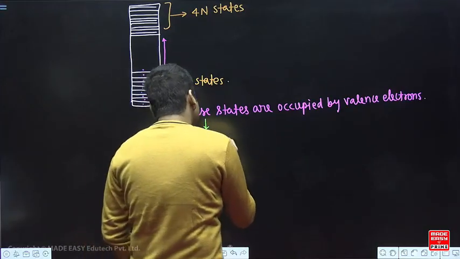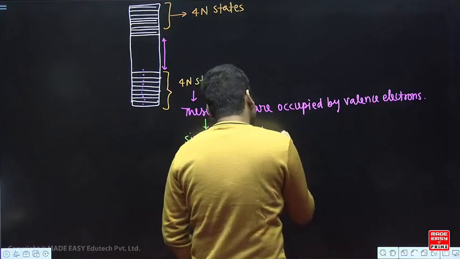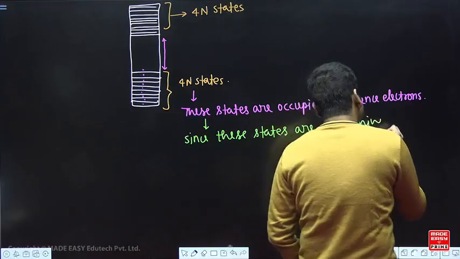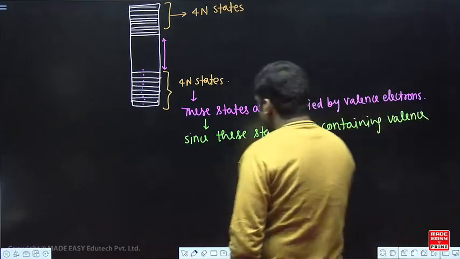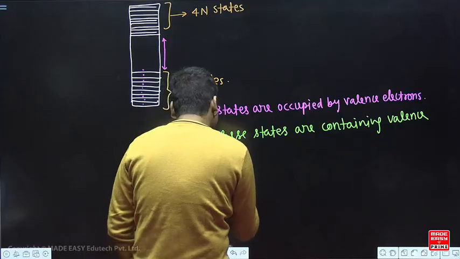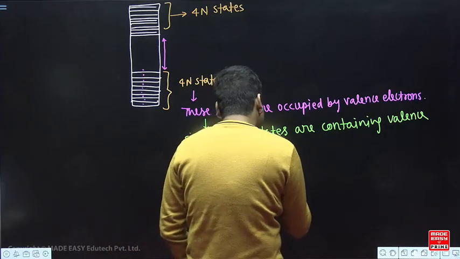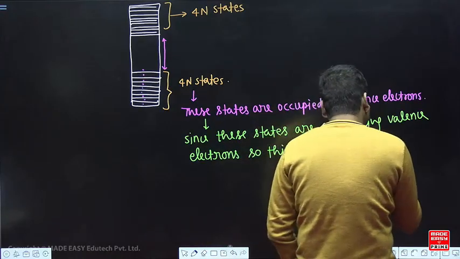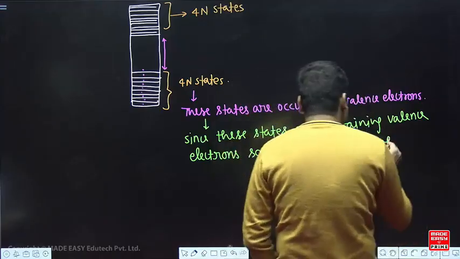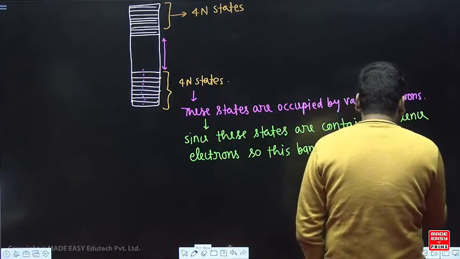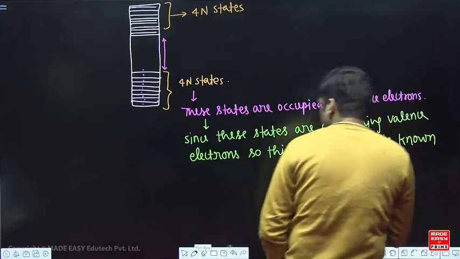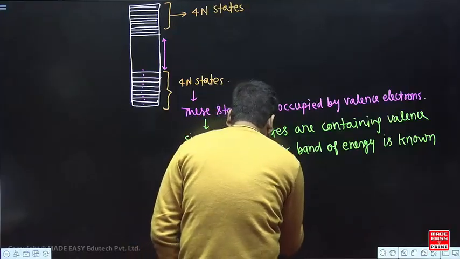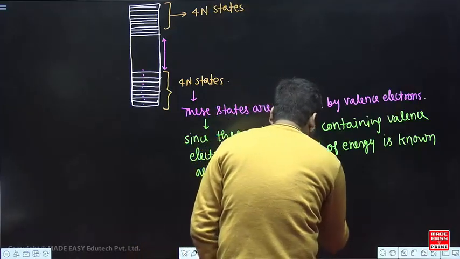Since these states are containing valence electrons, this band of energy is known as valence band. In short, I would be writing it as.